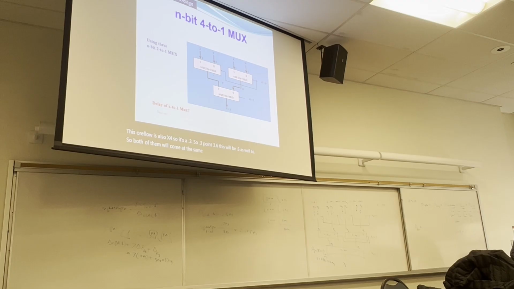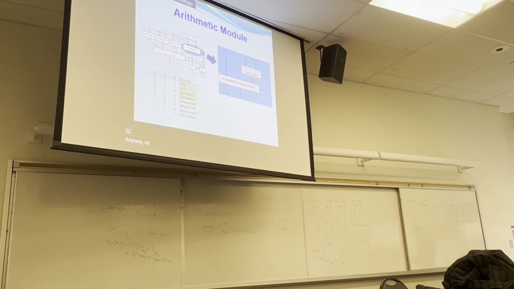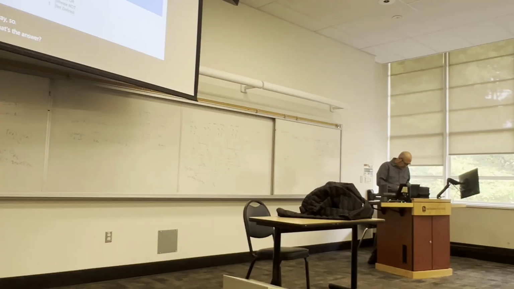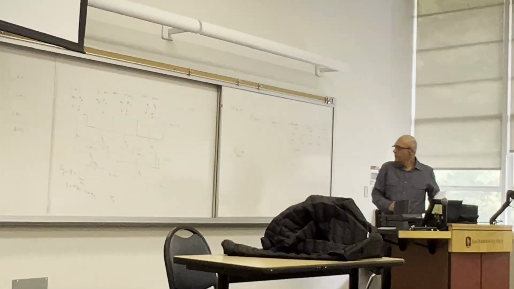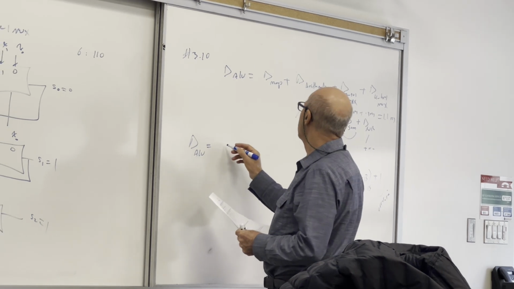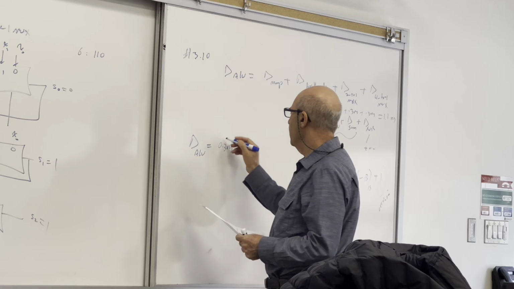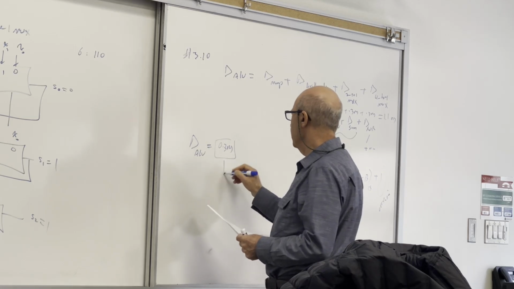It all depends on, it may be that the mux will be faster because we are just looking for the S2. Anyway, so what's the answer? So if you use delay of the map, if you use 0.3, I'll just make a note over here.